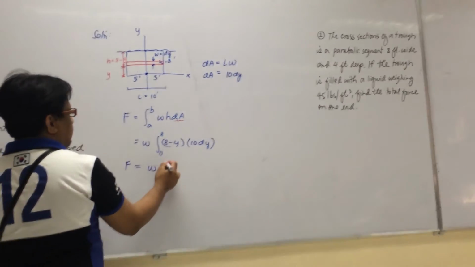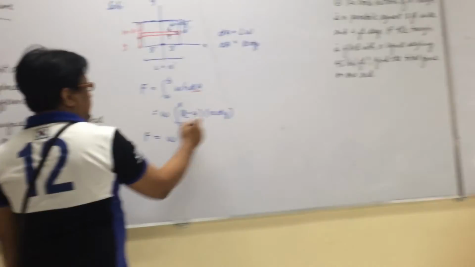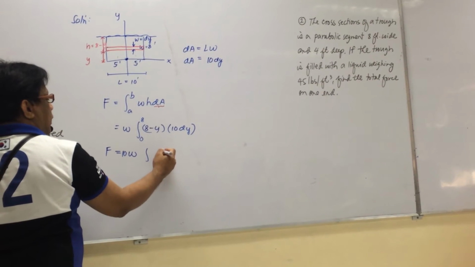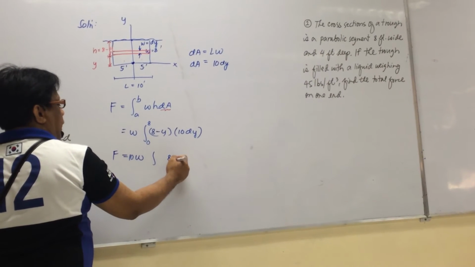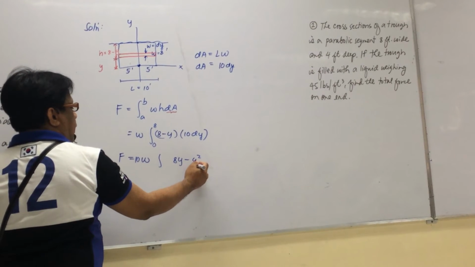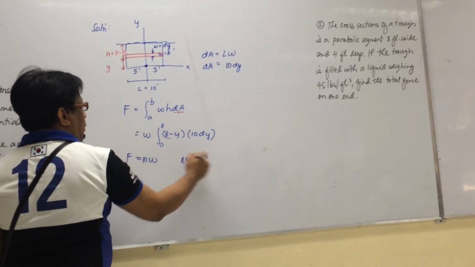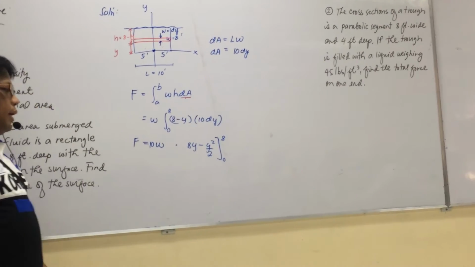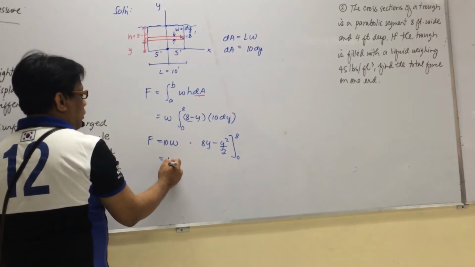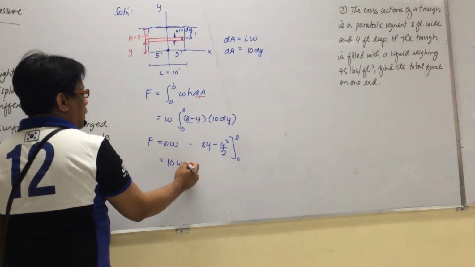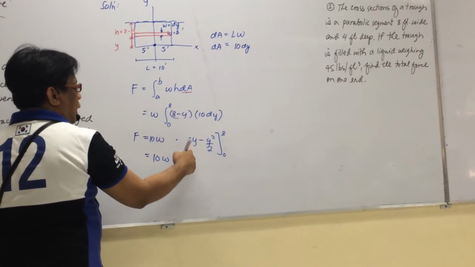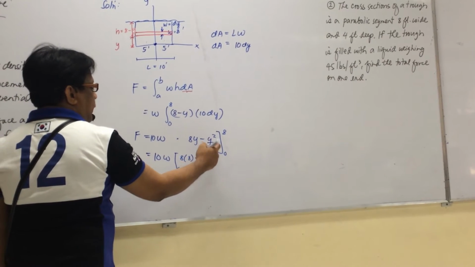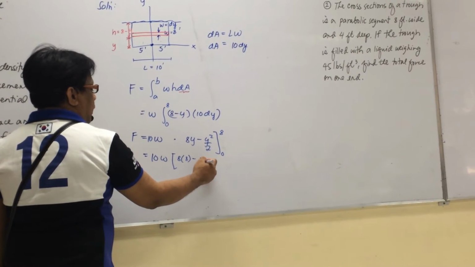Simplifying it, we have 10 W, then integrating 8 minus y dy, we have 8y minus y squared over 2, from 0 to 8. Then you have 10W, and applying the limits, we have 8 times 8 minus 8 squared, which is 64, all over 2, that is 32.